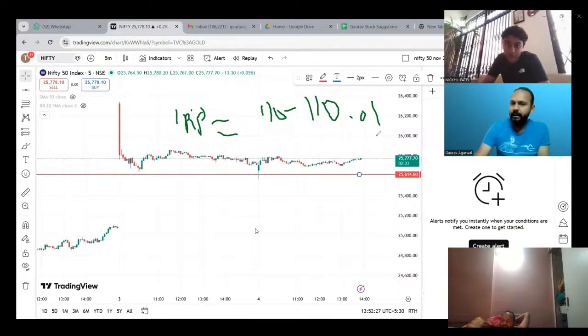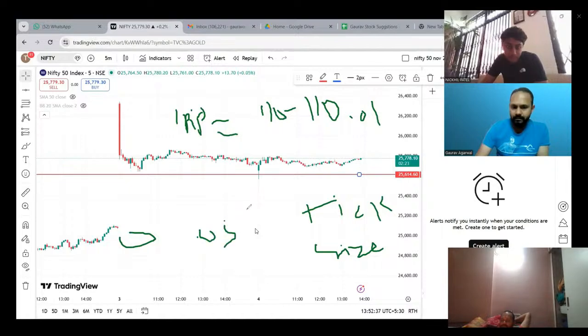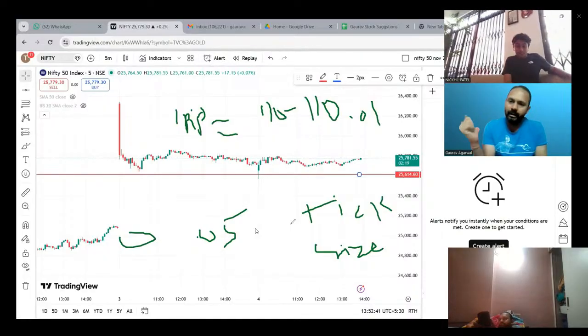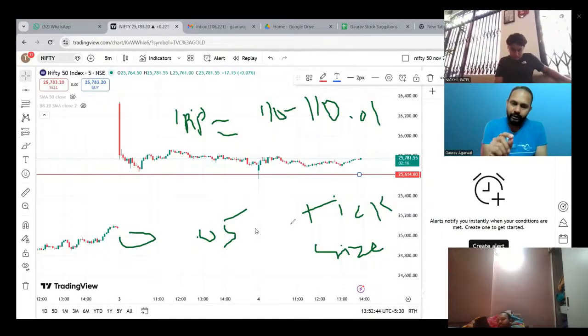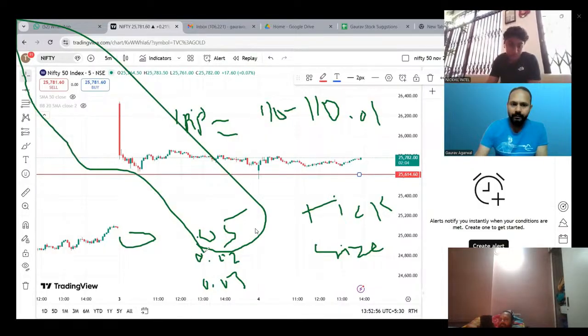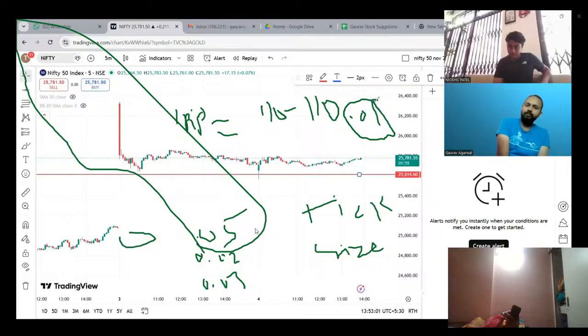110 to 110.01, right? In India we have tick size, which is 0.05. Any instrument can move in a ratio of 0.05. That movement cannot be 0.02, 0.03 or 0.04. It has to move a minimum of 0.05. The same thing here with a pip: the movement has to be at least 0.01.